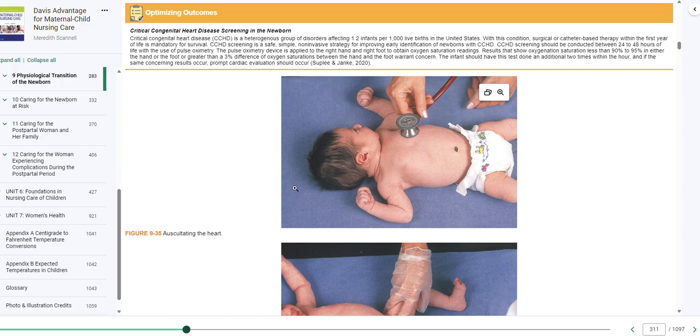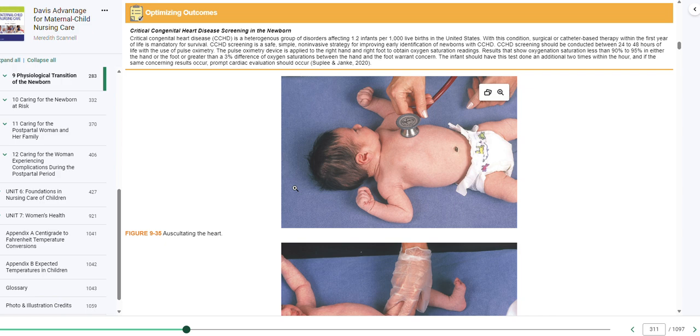There's critical congenital heart disease screenings, CCHD. You will see that, or have seen that, on your clinical paperwork. This is a condition where the baby is tested to see the oxygen level and make sure that the baby has accurate oxygen all over the body.